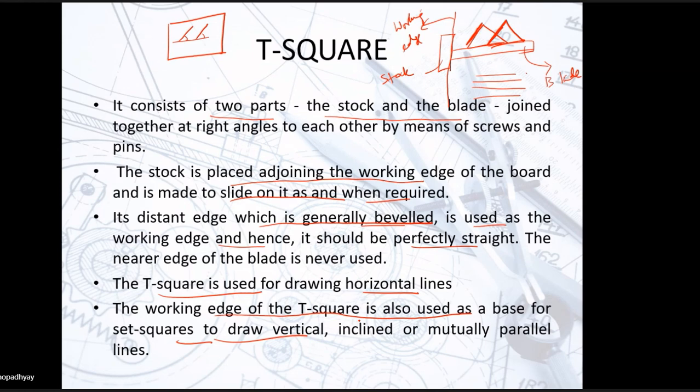If you have the T square like this, place the set square like this, then you draw a vertical line here. Right? Now different vertical lines can be drawn.